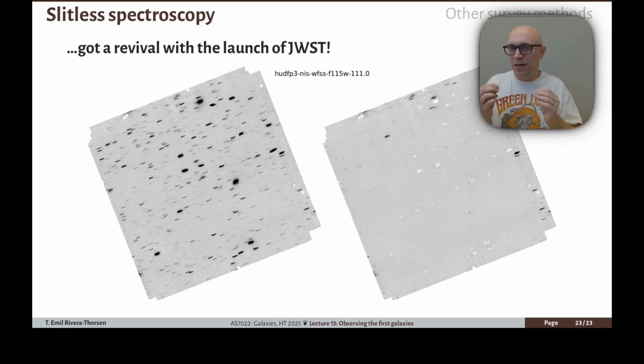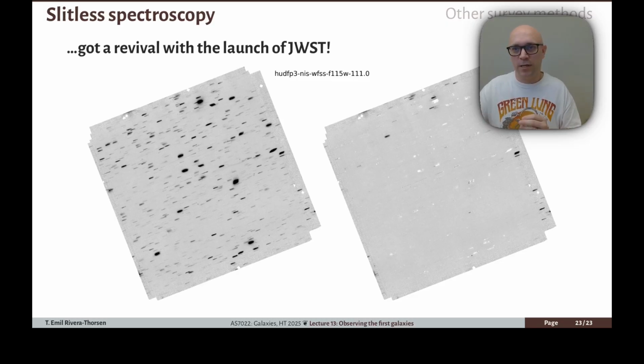You can't learn a lot else than the redshift from slitless spectroscopy, though. I mean, you can learn a little bit, but typically not a lot. So this is mainly a method that we use to find and flag interesting objects for follow-up observations, objects that we want to learn more about.